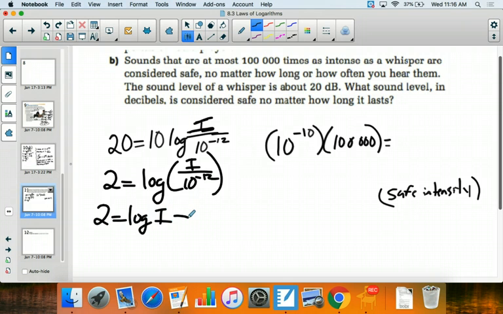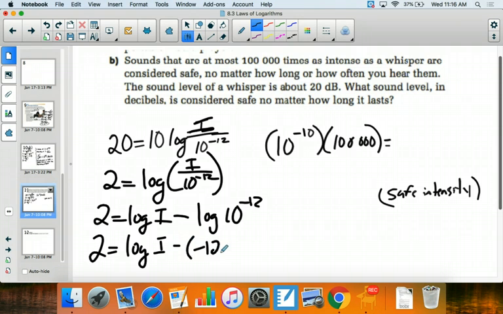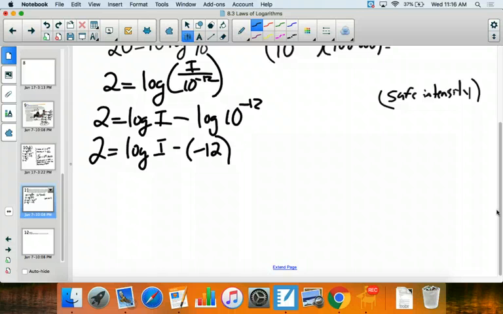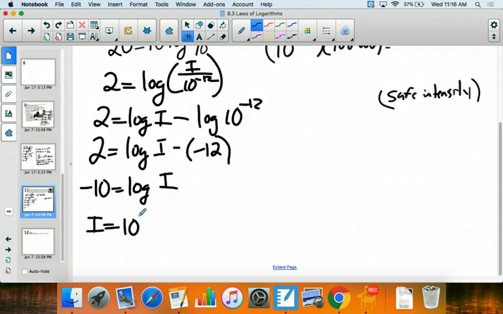Log I minus log 10 to the negative 12. So that's 2 is equal to log I minus negative 12. So we're really just subtracting 12 there. So negative 10 is equal to log I. So I is equal to 10 to the negative 10.